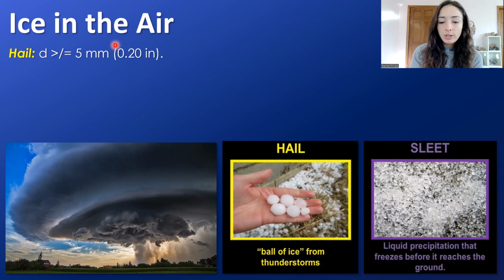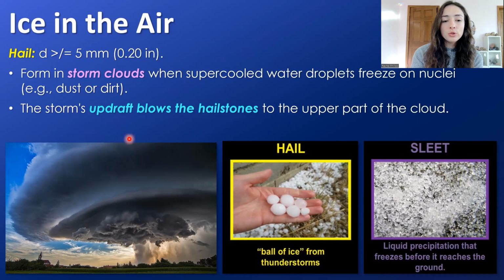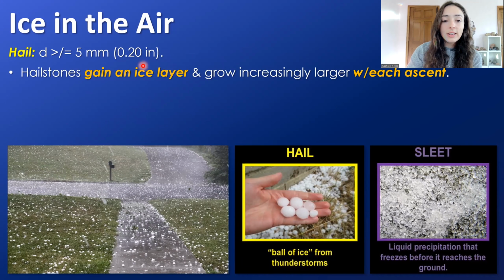millimeters or 0.2 inches, forms in storm clouds when supercooled water droplets freeze onto nuclei or just a grain of some sort. And then the storm's updraft blows the hailstones into the upper part of the cloud, and this updraft eventually dissipates and the hail falls back down and then is lifted again into the next updraft, and the hailstones gain a layer of ice each time they're blown into the upper part of the cloud, and this causes them to grow increasingly larger with each ascent.